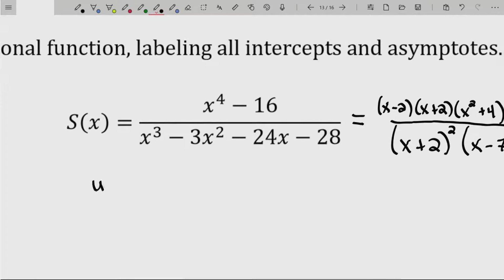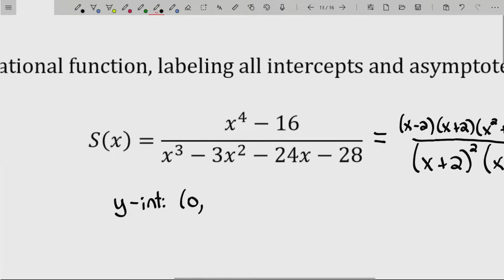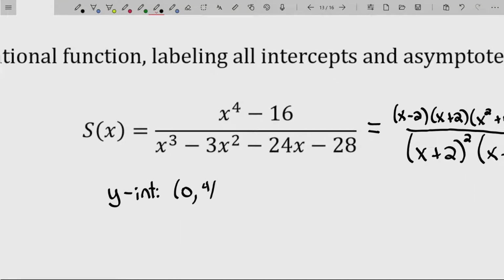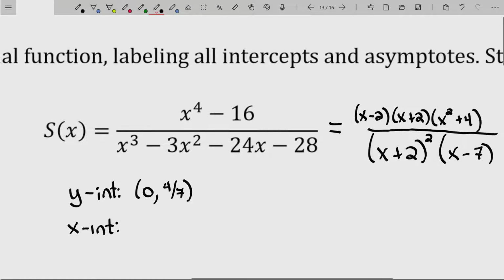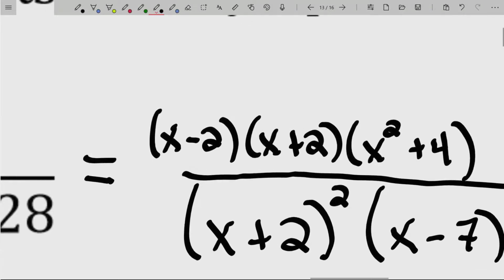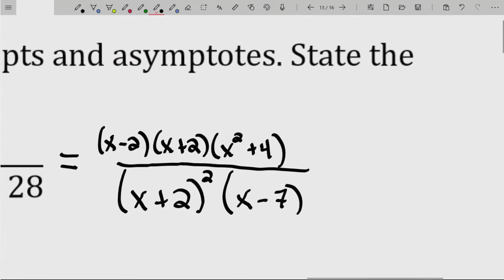Stick with keeping this in view. So the Y-intercept here, if you let x equal 0, you'll see it's negative 16 over 28, which again just simplifies down to 4/7. So that's the same. The X-intercepts occur when your numerator is 0. And our numerator is 0 now at 2 and at negative 2, or is it? If you take a look at this, remember when you dive into this stuff, you want to make sure you simplify this as much as possible.